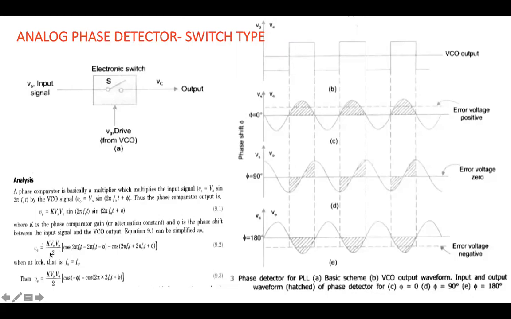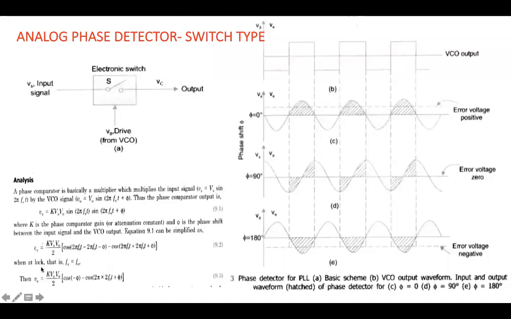Okay. So if I have to put them in the form of equations, it's going to be K into Vs V naught divided by 2, and I'm going to add a cosine function here, with minus phi and plus phi. So I'm going to use my trigonometric functions here.